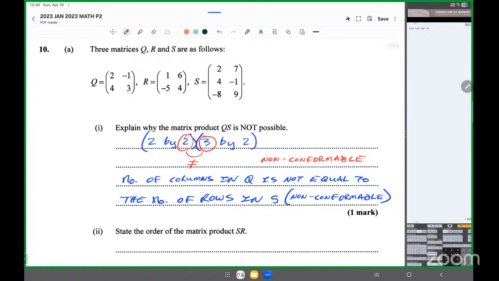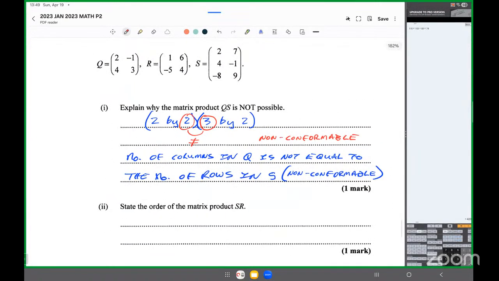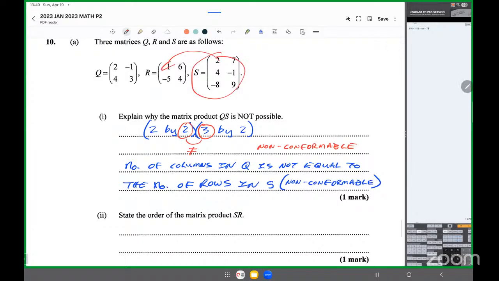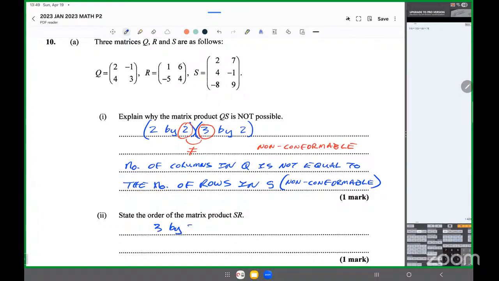All right? Next one. State the order of the matrix product SR. That's S times R. The S is a 3 by 2, times R, which is a 2 by 2. So this one conforms.